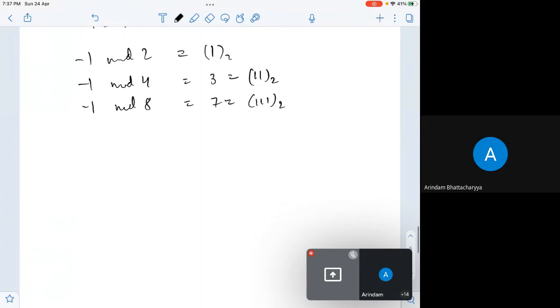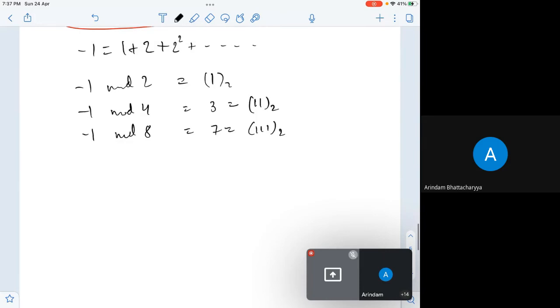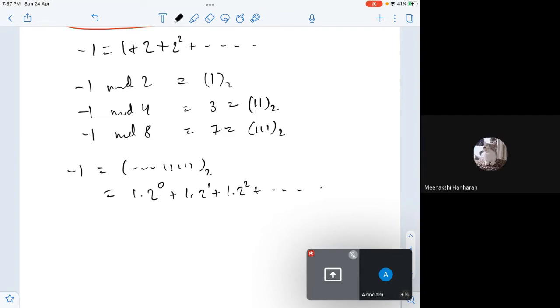So if we just follow whatever we were doing, we get that minus 1 is, and if I expand this out, this is exactly 1 times 2 power 0 plus 1 times 2 power 1 plus 1 times 2 square, right?